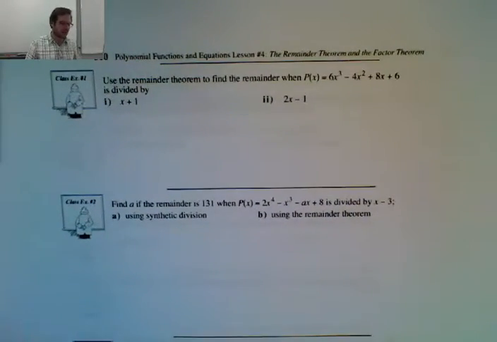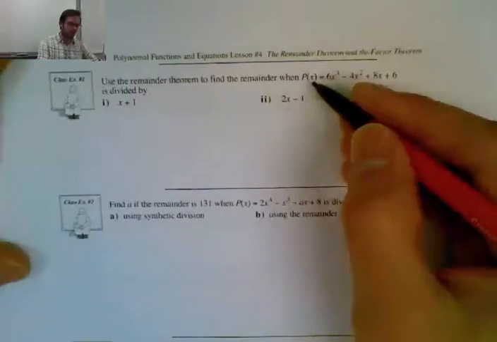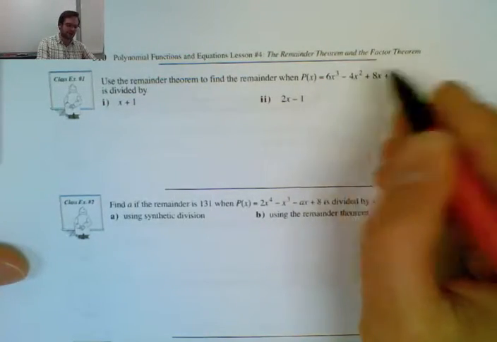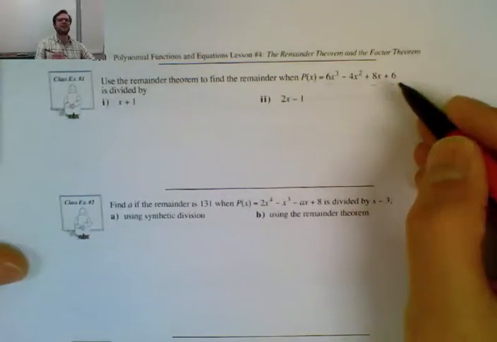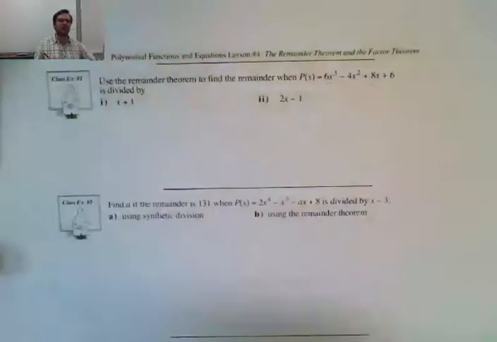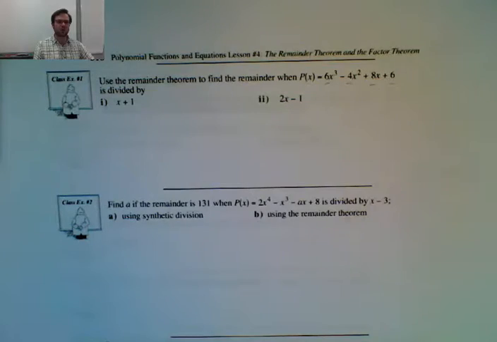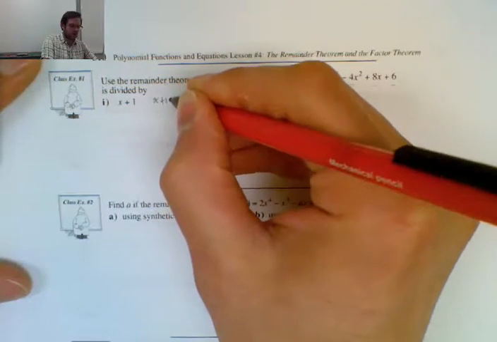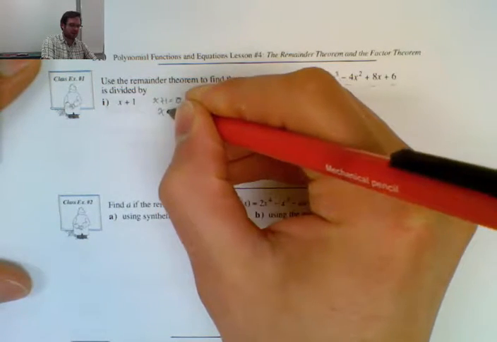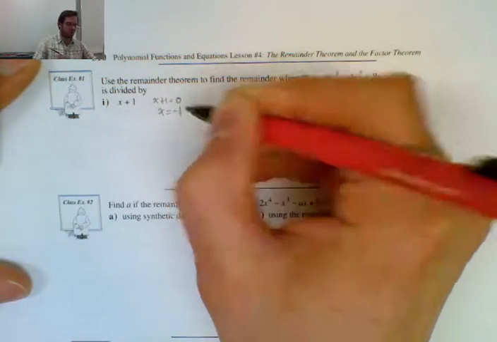Okay? Now we're going to look at some examples of how to use our remainder theorem. Here's the first example. We want to divide this polynomial function, 6x cubed minus 4x squared plus 8x plus 6, by x plus 1. The first thing we're going to do is solve for x, so x plus 1 is equal to 0. We're going to look at when x is equal to negative 1.